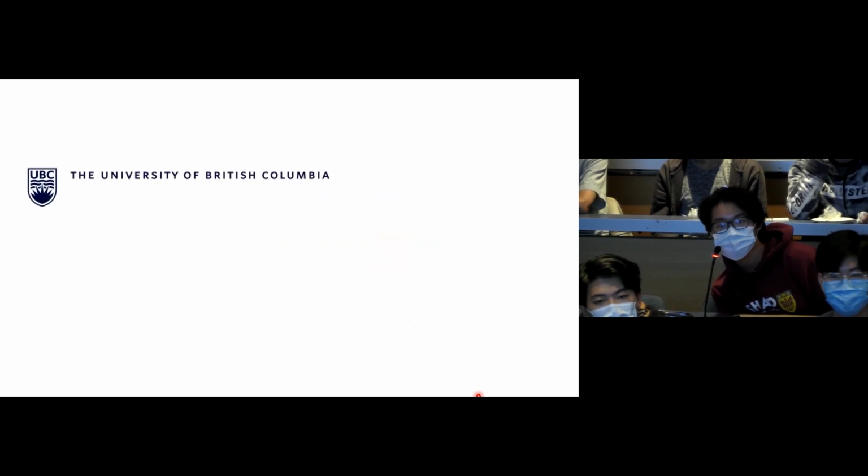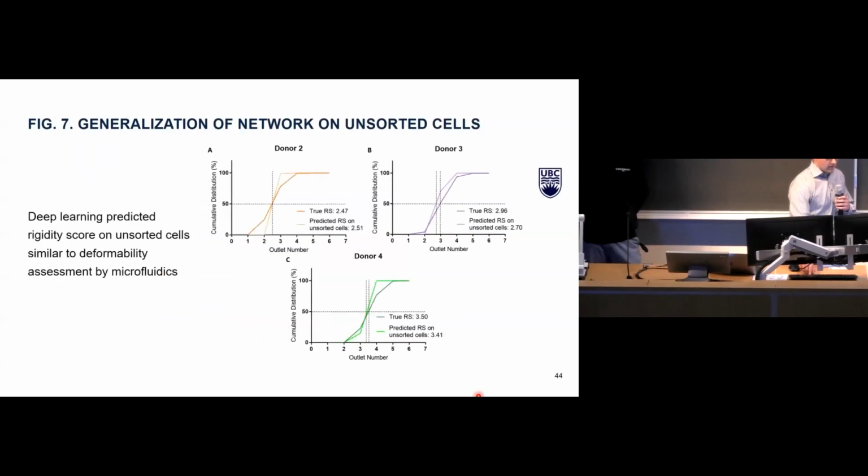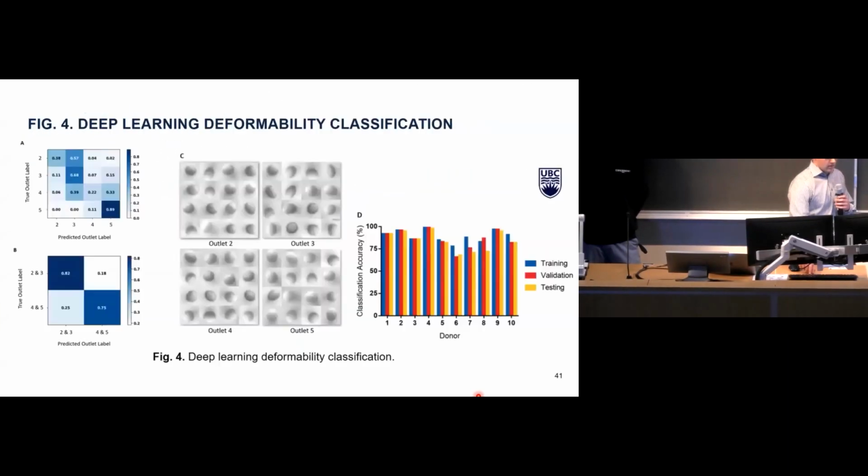Yeah, thanks for your question. So you're talking about the plots on the left here. The basis for this is that we evaluated 10 donors, and not all 10 donors had cells sorted to outlets 2 to 5, but all donors had cells at least in outlets 3 and 4.